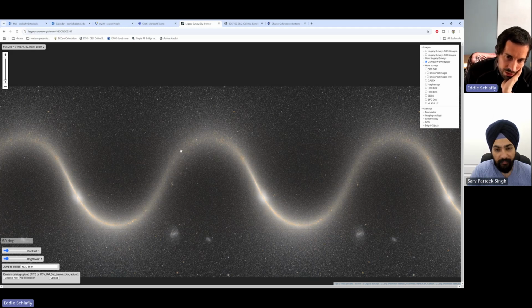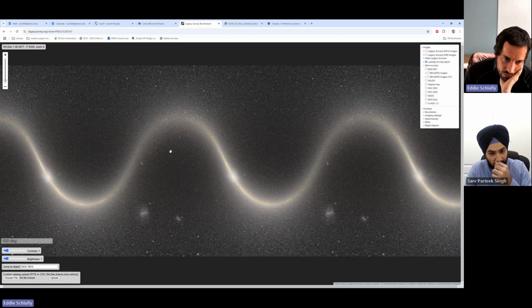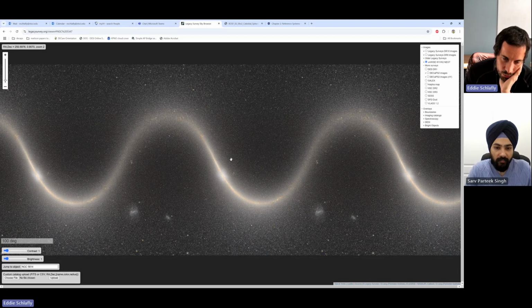When you go all the way off the side of the map, you come back on the other side. So this is the galactic center, and you see that it repeats three times here, since I'm zoomed out and you're just going around the sphere multiple times. So this is what a map looks like at this particular wavelength, as seen by the WISE spacecraft.